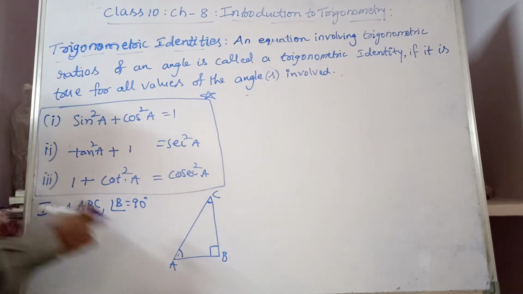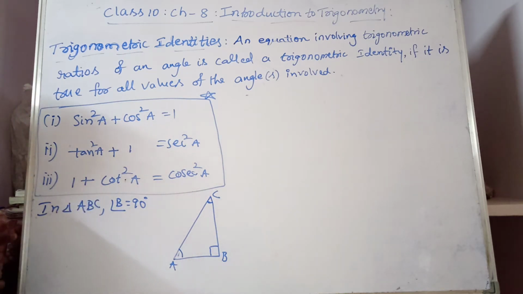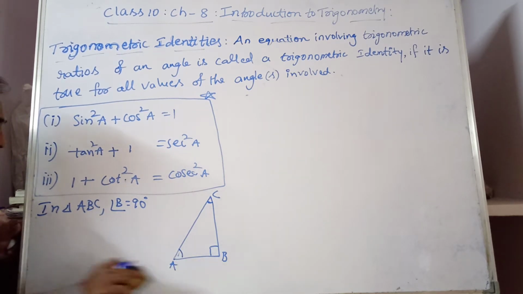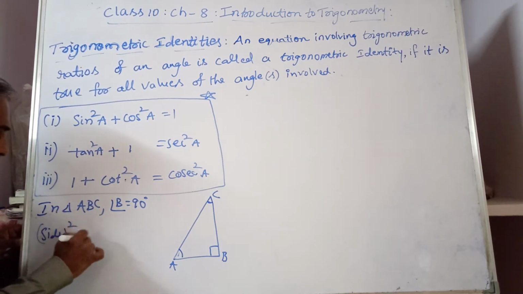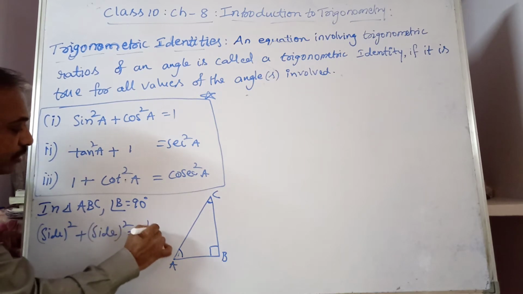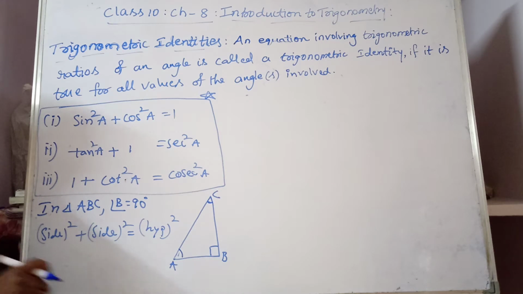Now look at this carefully. According to the Pythagoras property, we know that side square plus side square is equal to hypotenuse square.